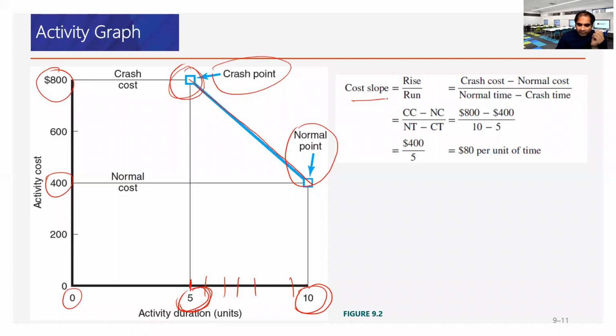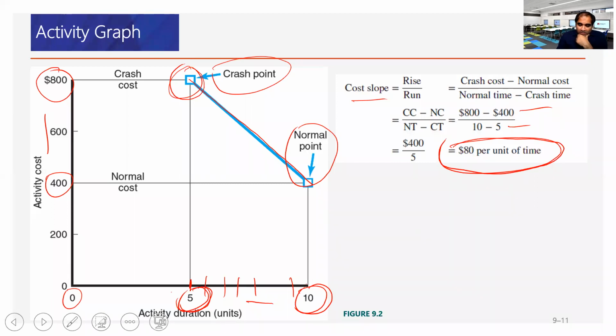If we calculate the slope from this graph with the duration and cost, we get $80 per unit time. So for every single day of reduction, we have to budget an extra $80 in the total project cost. That gives us an indication of the total cost you need to crash any specific activity.